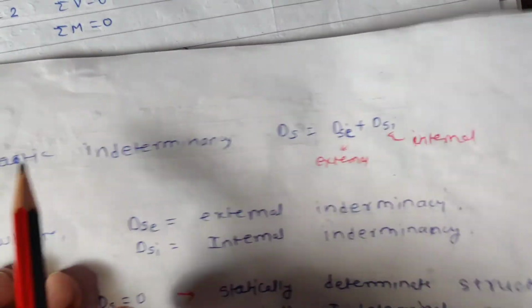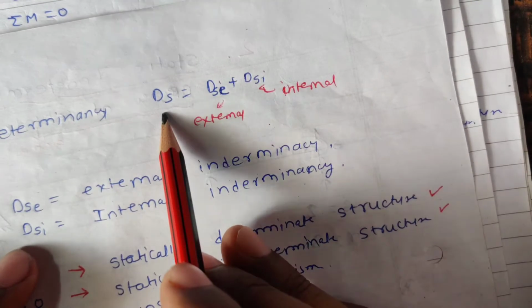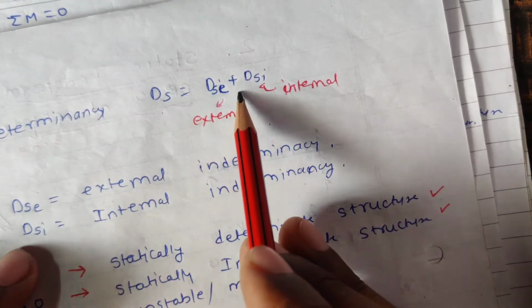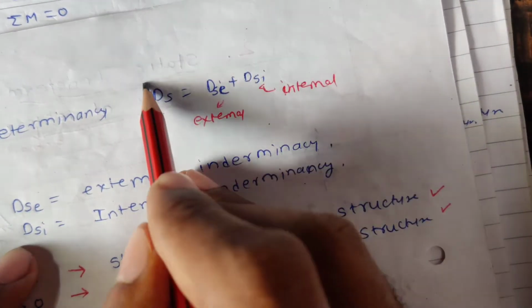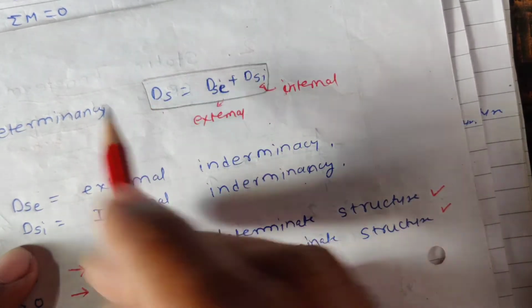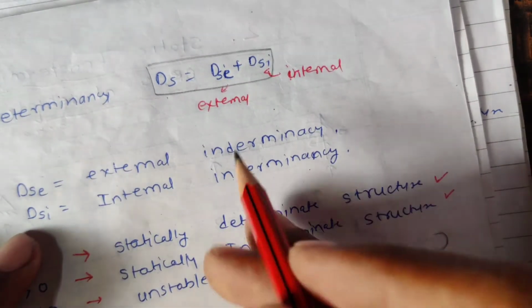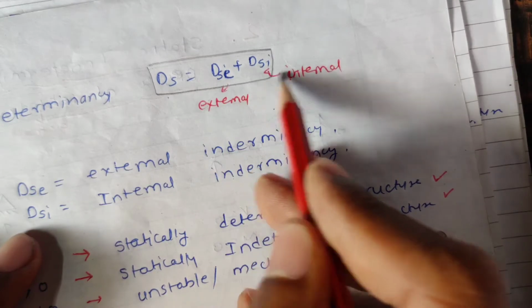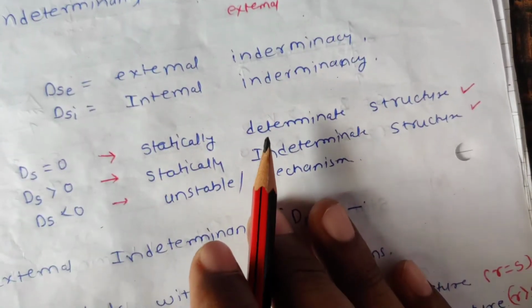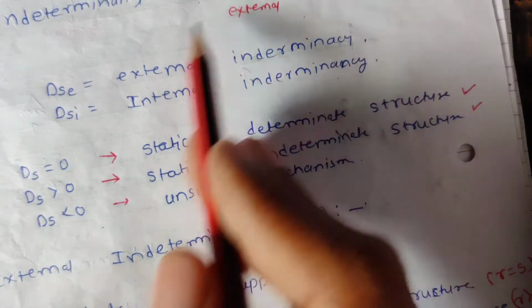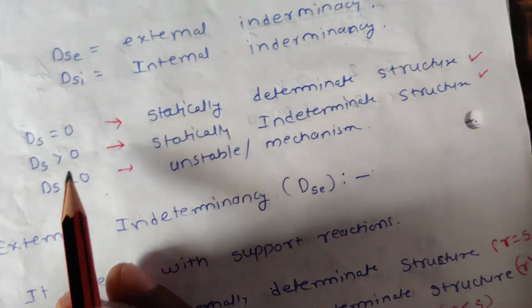Next, static indeterminacy, whose formula is DS is equal to DSE plus DSI. First of all, we discuss DSE. DSE stands for external indeterminacy.